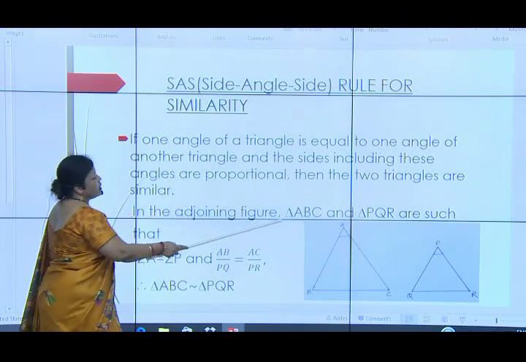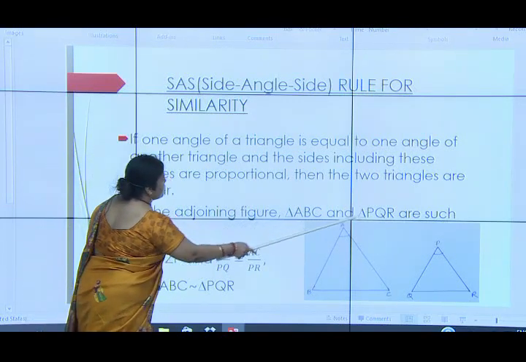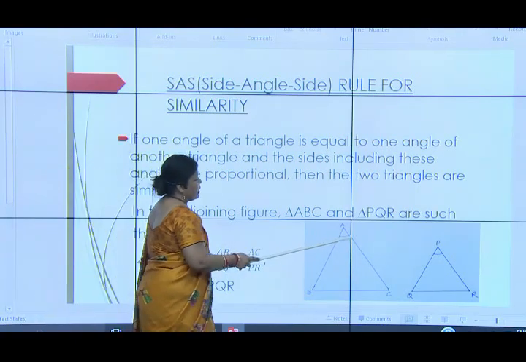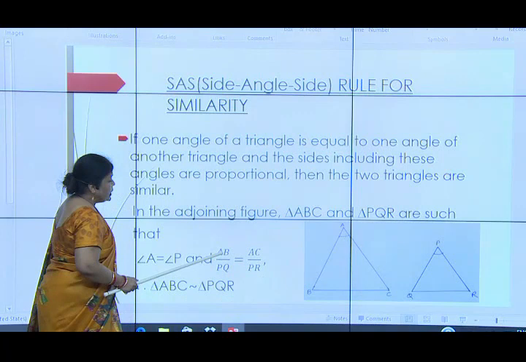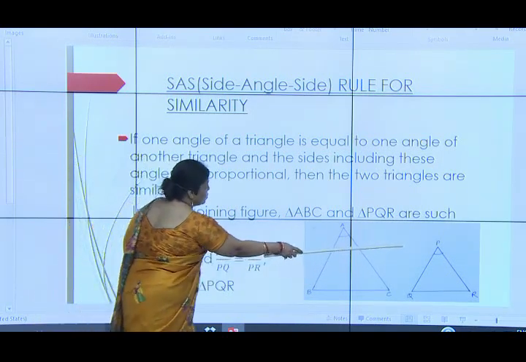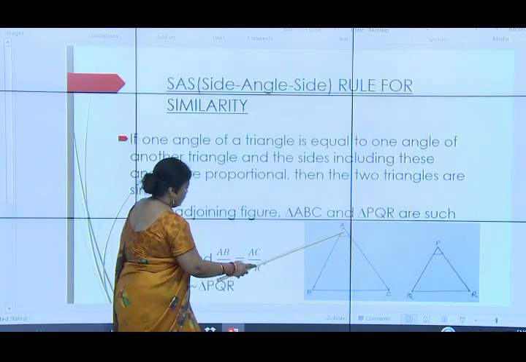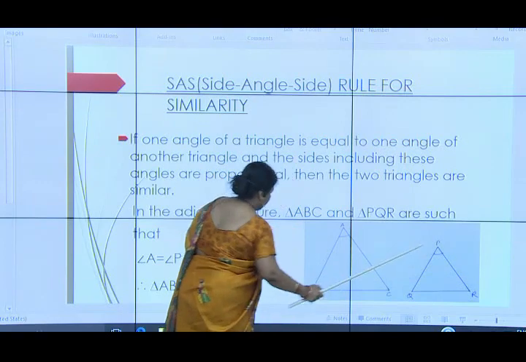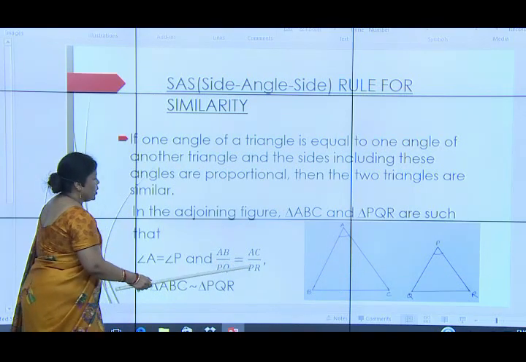In the adjoining figure, triangle ABC and triangle PQR are such that angle A is equal to angle P, and AB upon PQ and AC upon PR.